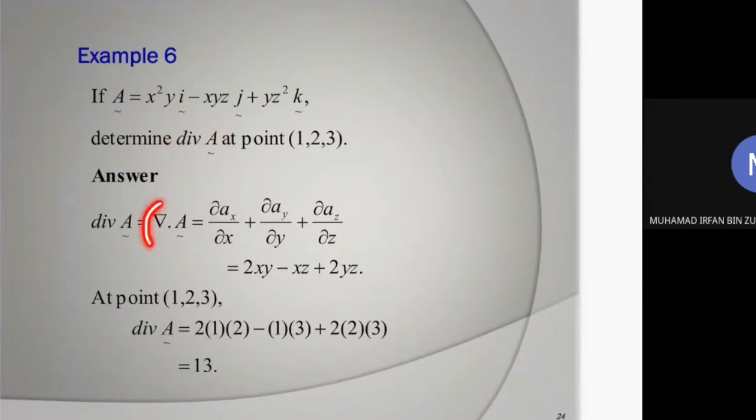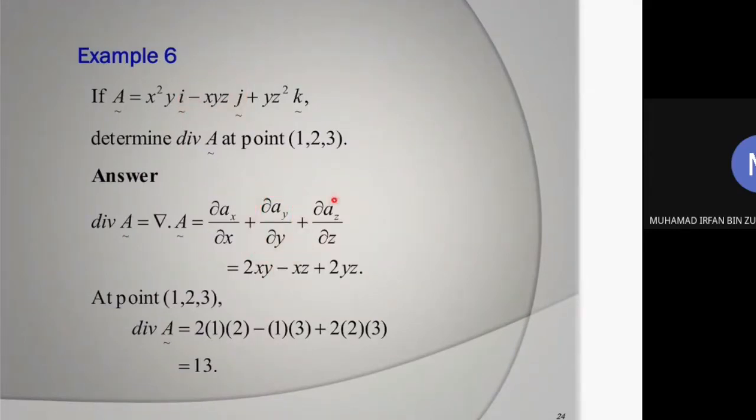So gradient dot A. This is the gradient and this is your A. Del A_x del x, this is your A_x, the first component. Differentiate this with respect to x, you will get 2xy. Okay, so that's why you get this. Del A_y del y, this is your A_y. Differentiate with respect to y, you get negative xz.